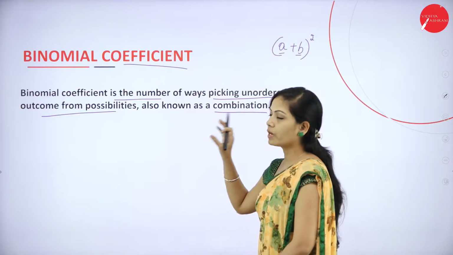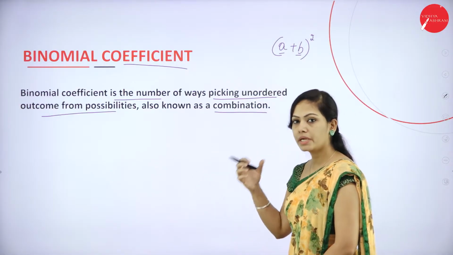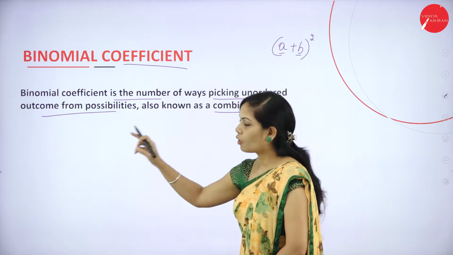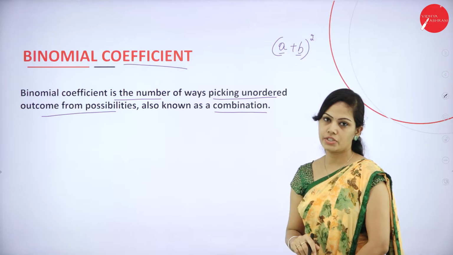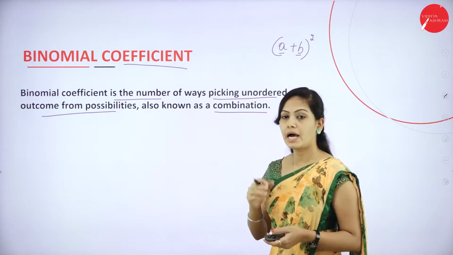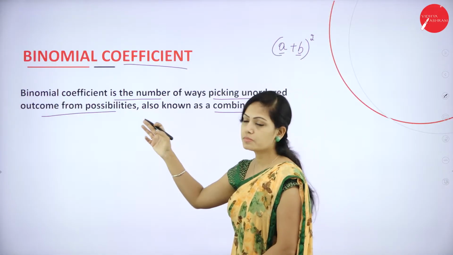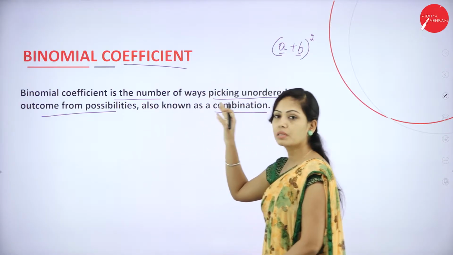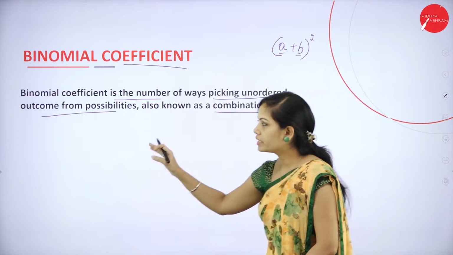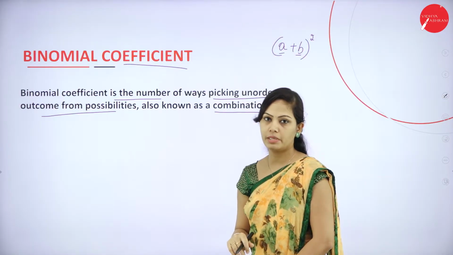From the given elements we are picking the unordered outcome from possibilities, also known as a combination. Clear? So an expression that contains two terms is known as binomial, and binomial coefficient is the number of ways of picking an unordered outcome from possibilities.